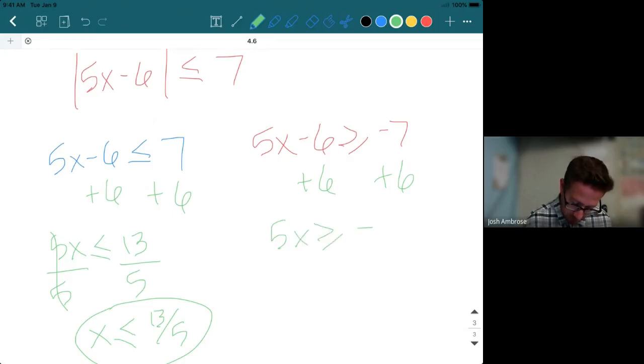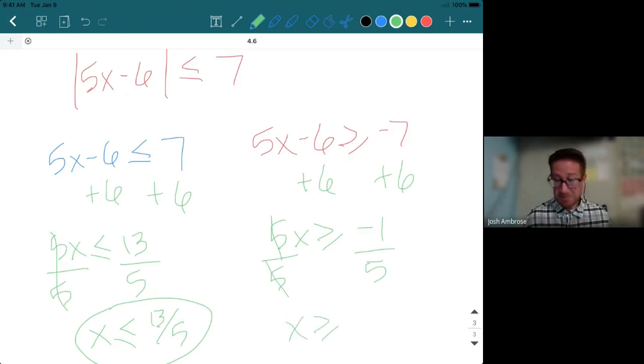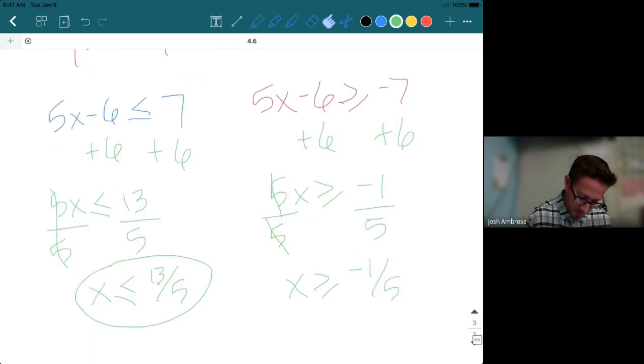It's going to be a negative 1. Divide both sides by 5. X greater or equal. And again, that's going to be a decimal. Don't worry about the decimal. Leave it as reduced fraction, negative 1/5. Okay. That would be the second answer.